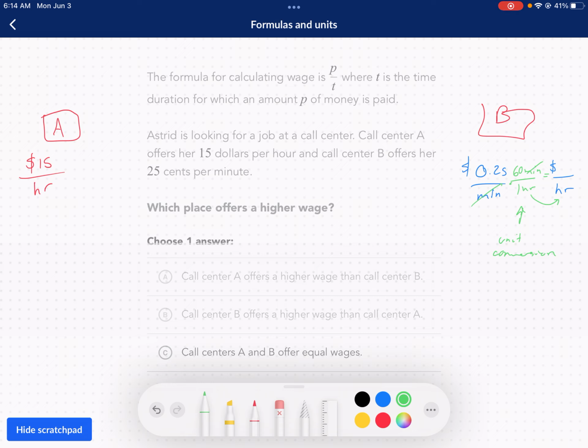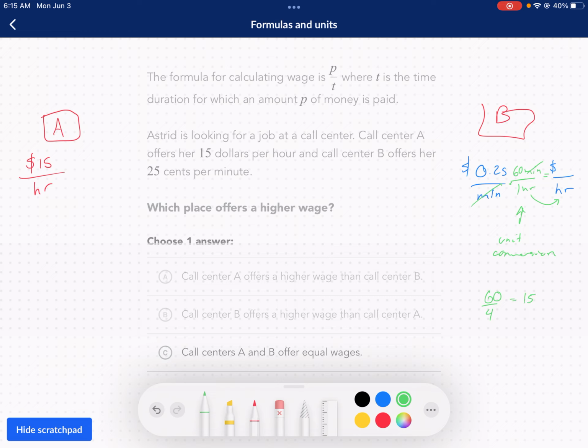But now we just do 0.25 times 60. You could also do 60 divided by 4, since there's 4 quarters in a dollar. Multiplying by 0.25 is the same thing as dividing by 4. And we know that it's 15.